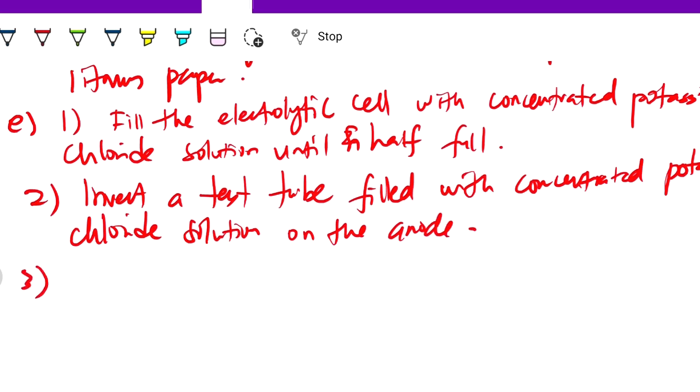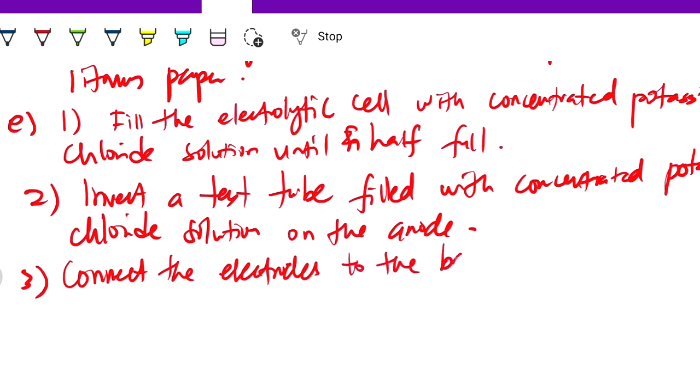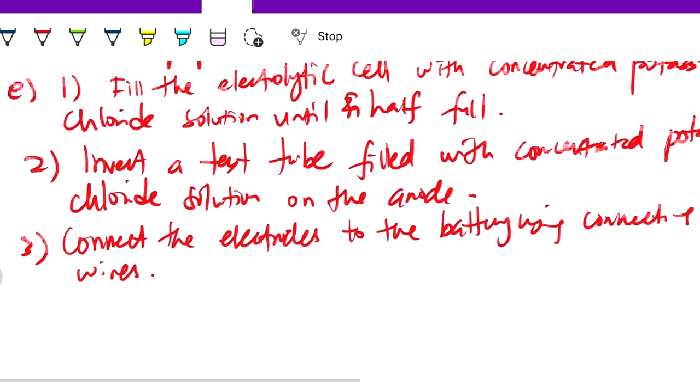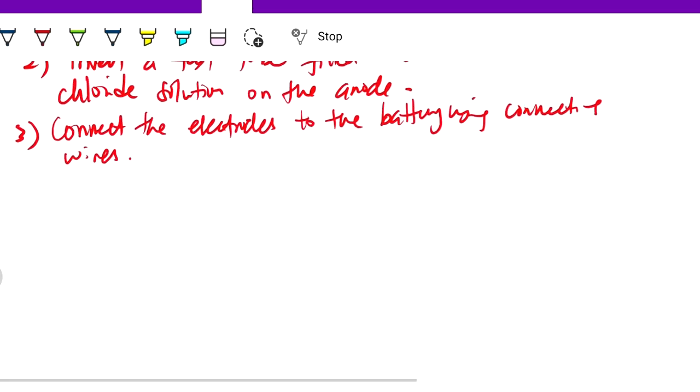Next we need to connect the electrodes to the battery using connecting wires. Then number 4, complete the circuit.